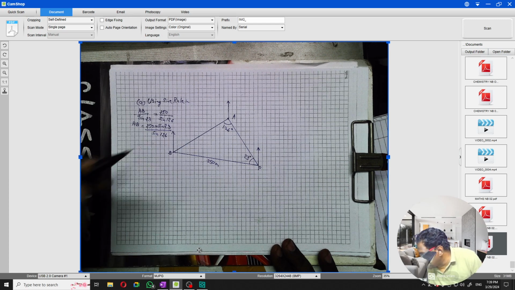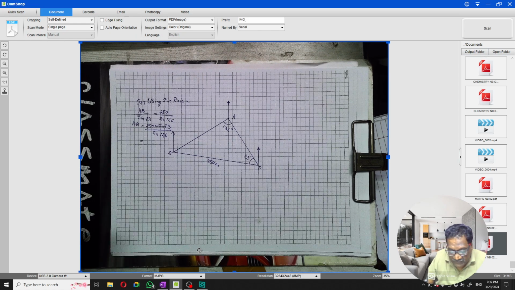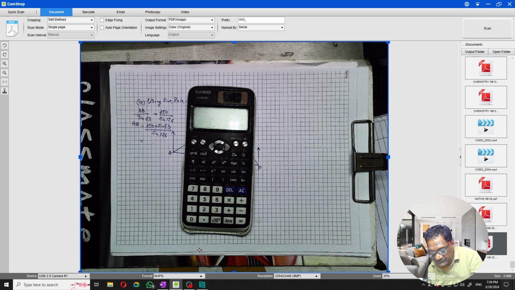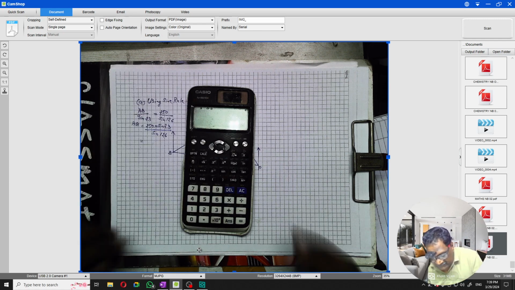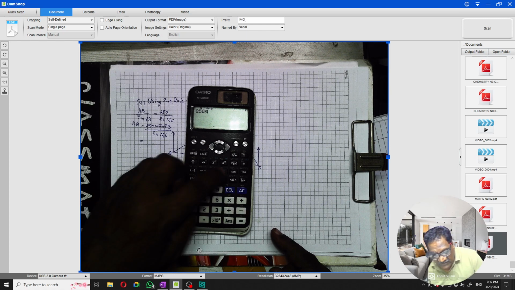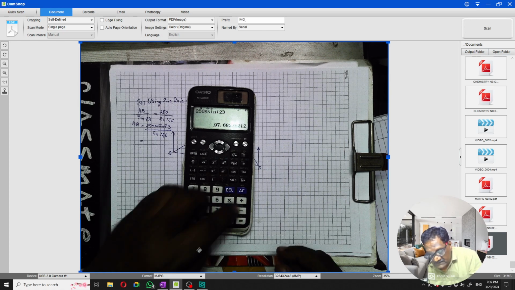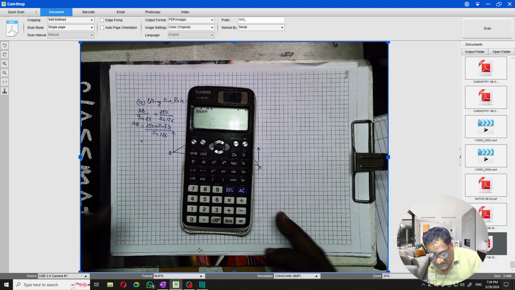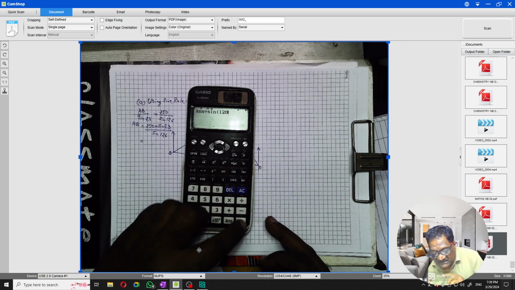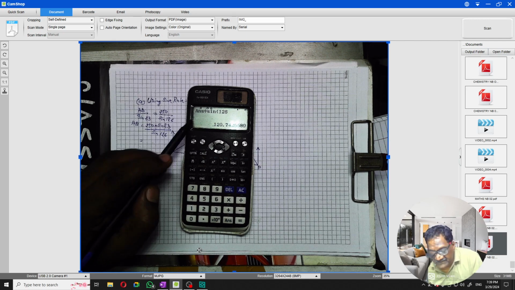Now on the calculator, let me work this out for you. 250 multiplied by sine of 23, equal to, divided by sine of 126. This gives me the answer as 120.742.